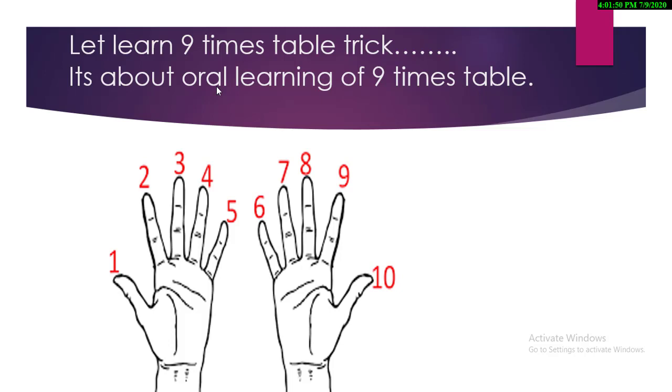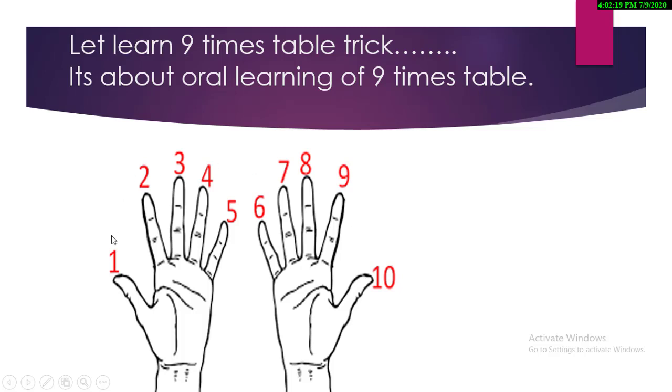First of all, everyone just leave the mouse and leave your workbooks to a side and put your hands in front of you like the picture. Put your hands like this and make sure that this thumb is number 1, 2, 3, 4, 5, and then on the other hand, from the pinky finger, you are going to start again 6, 7, 8, 9, 10.